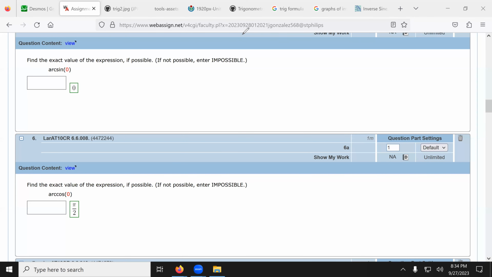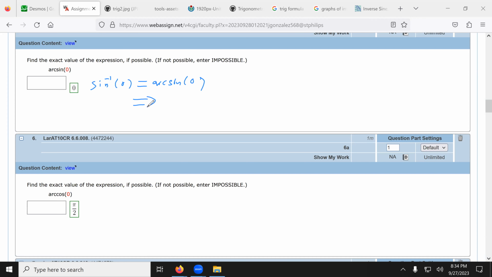Okay, I'm going to assume it does. So arc sine of 0 means sine inverse, right? It's the same thing. Sine inverse of 0, or arc sine of 0, means what is the angle that gives me a y value of 0 on the unit circle?